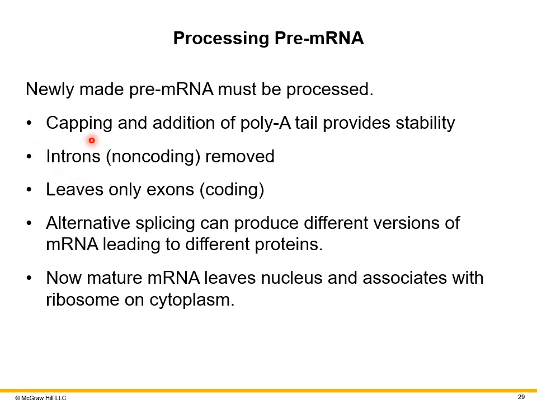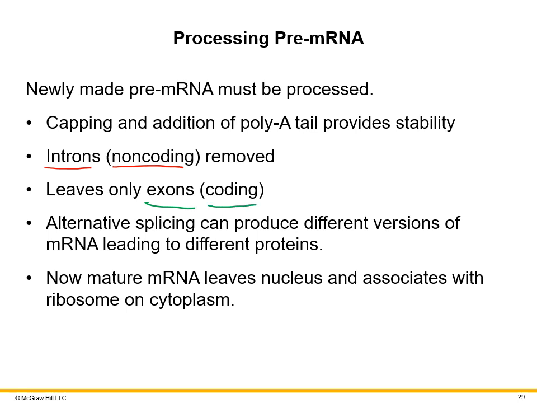Processing includes capping and adding a poly A tail, which provides stability for the mRNA when it enters the cytoplasm from the nucleus. Also, non-coding regions of the mRNA are removed. These non-coding regions are called introns. The coding regions are called the exons.